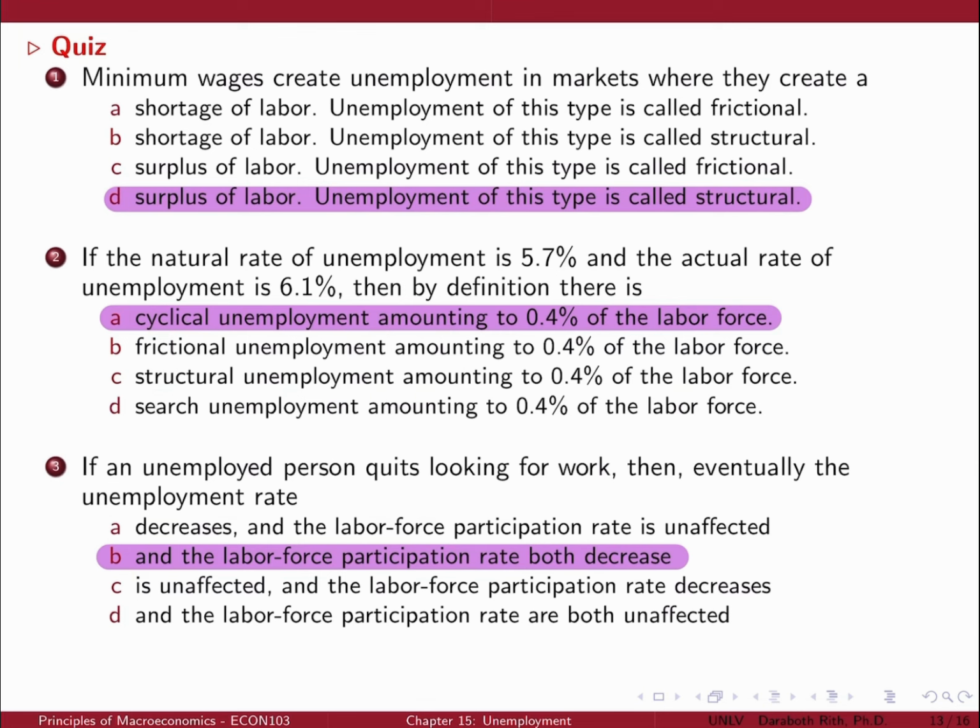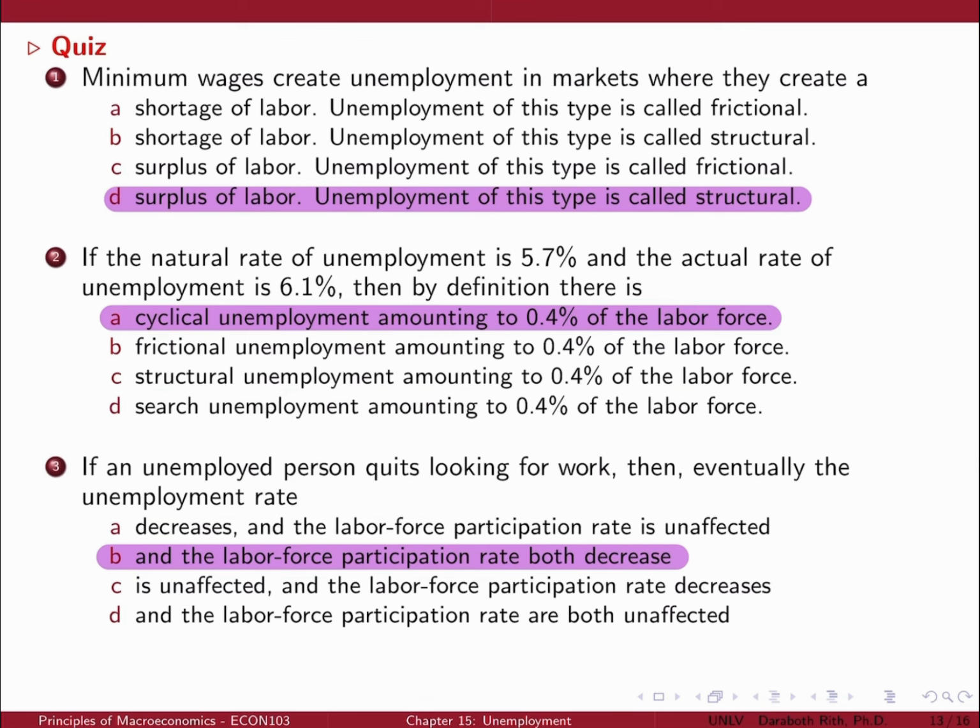When an unemployed person stops looking for work, they are no longer counted as part of the labor force. This reduction in the number of unemployed individuals reduces the numerator in the unemployment rate calculation. Since the labor force, the denominator, also decreases, the overall effect is a lower unemployment rate.